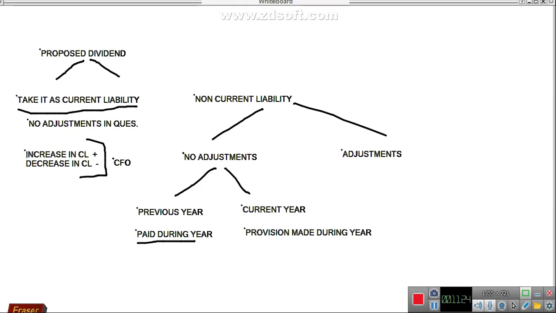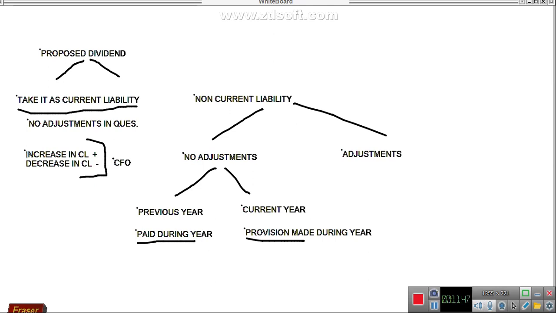In this video later on I will be telling you how you have to adjust this paid and made during the year. So if no adjustments are given to you and you are treating it as a non-current liability, take the previous year as dividend paid during the year, and the current year amount will be taken as provision made during the year.